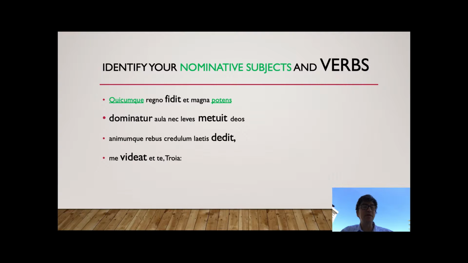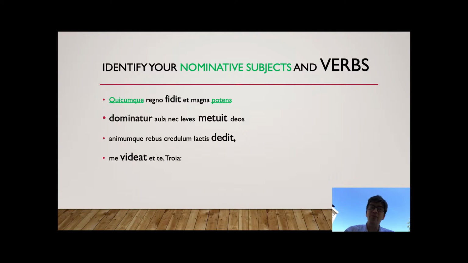Videat, a present subjunctive third person singular of to see, let him look at. We've learned a great deal of information just by identifying those verbs, and you'll notice that the notation that I've used here to identify our verbs is capitalization. We've written fidit, metuit, dominator, dedit, videat in a larger font than the others.